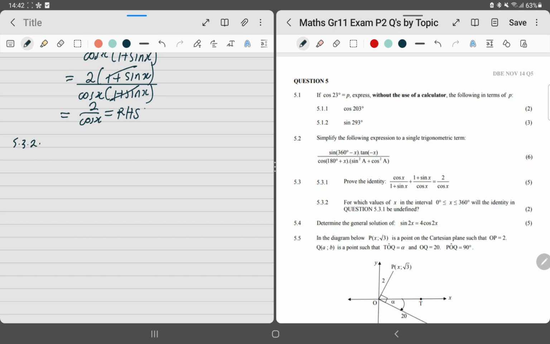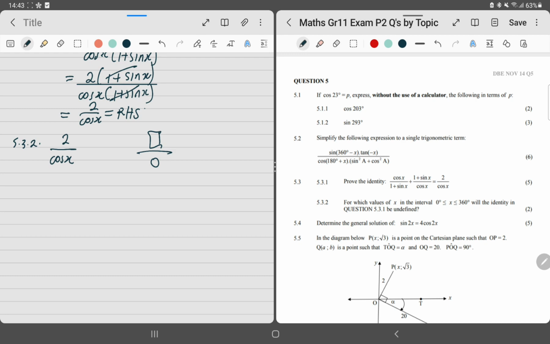5.3.2. For which values of x in the interval will the identity in question 5.3.1 be undefined? So for something to be undefined, remember, whatever number we have in the numerator, the denominator cannot be equal to 0.